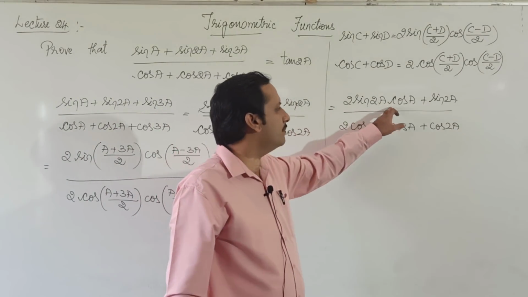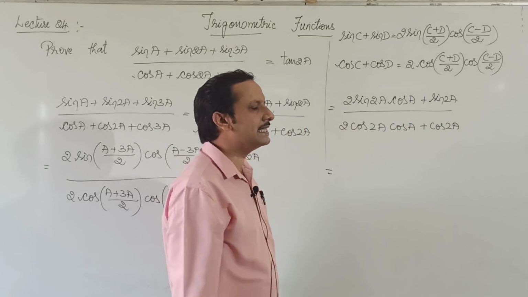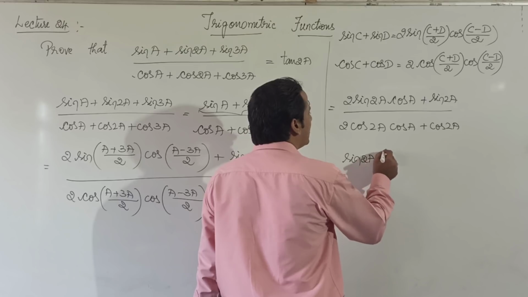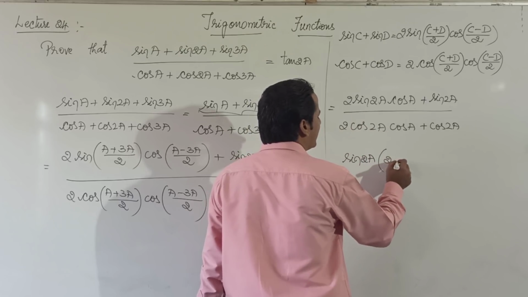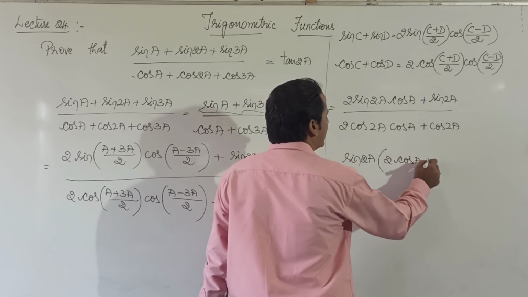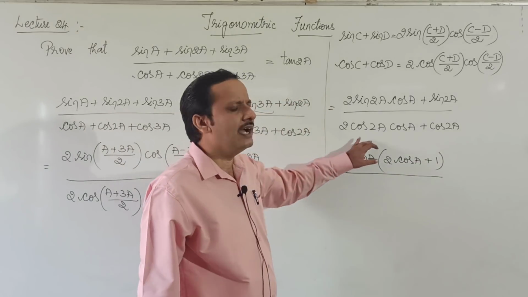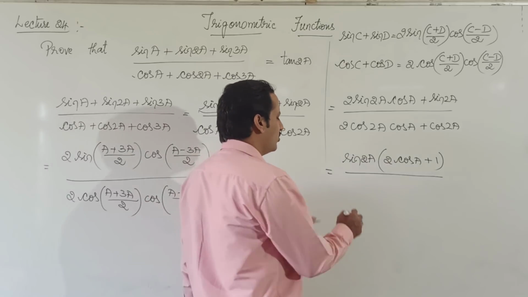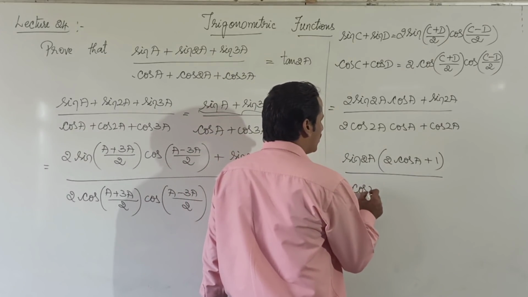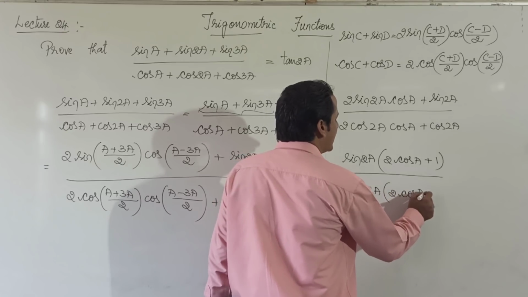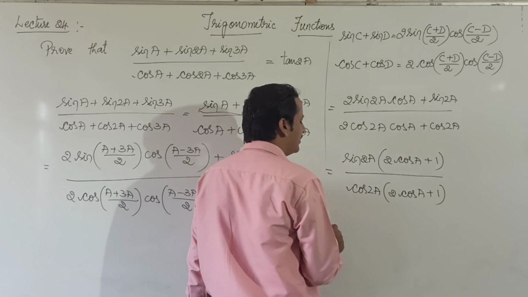In the numerator, between these two terms, I will take sin 2A as a common factor. If I take sin 2A as a common factor, then what will remain? 2 cos A + 1. In the denominator, I will take cos 2A as a common factor. If I take cos 2A as common, then what will remain? 2 cos A + 1.